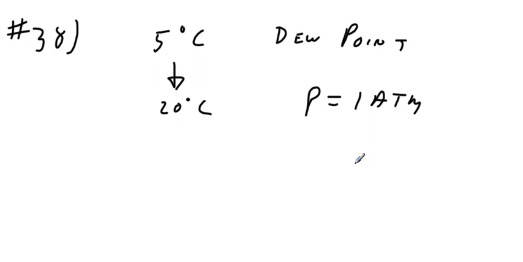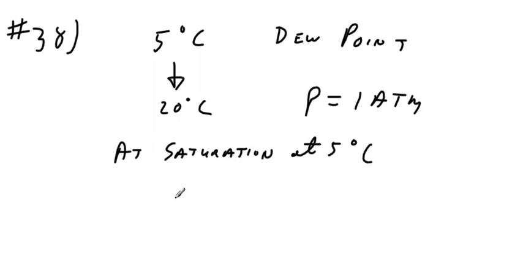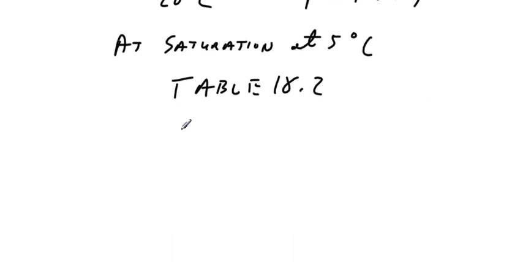All right, well, the outside air is at saturation, is what being at the dew point means. So I'm at saturation at 5 degrees centigrade. I use table 18.2 again, and I find that I'm going to have a partial pressure of water of 872 pascals.